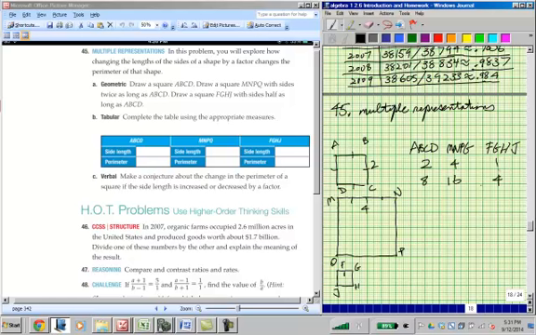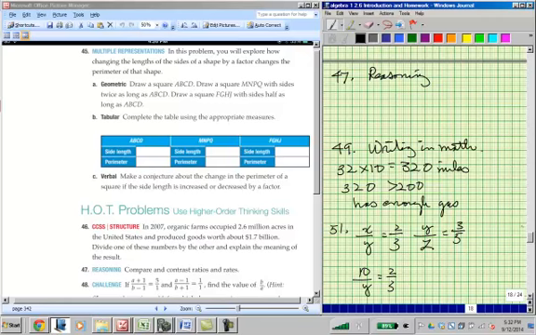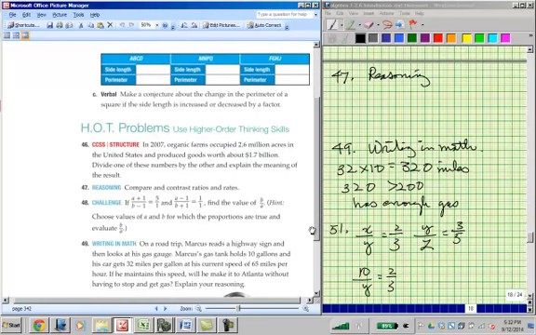Number 40, 3 out of every 8 students are athletes. Okay, so that's a rate, and then the ratio is the proportion. There are 1,280 students, so how many are not athletes? So that's a proportion. Anyway, they function the same way. On Monday, the restaurant made $545 from selling 110 hamburgers.